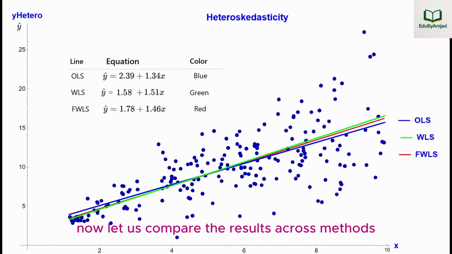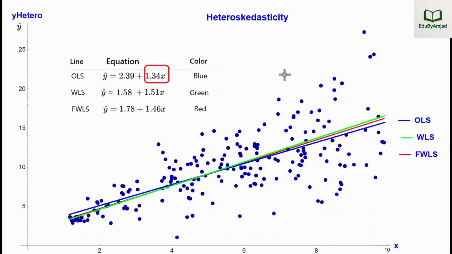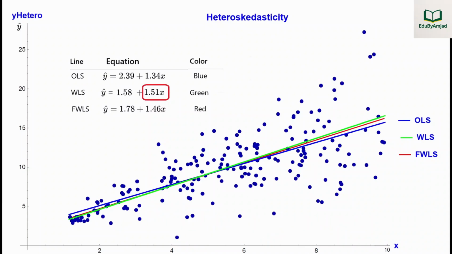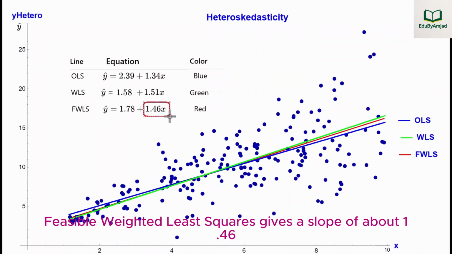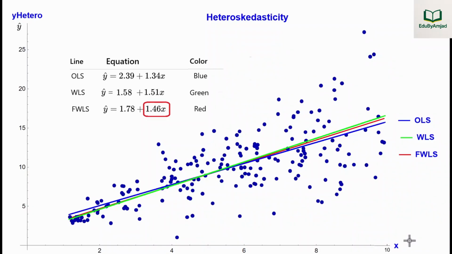Now let us compare the results across methods. Ordinary least squares gave us a slope of 1.34. Weighted least squares, using the true variance, produced a slope of approximately 1.51. Feasible weighted least squares gives a slope of about 1.46. So the FWLS estimate is very close to the true WLS estimate.